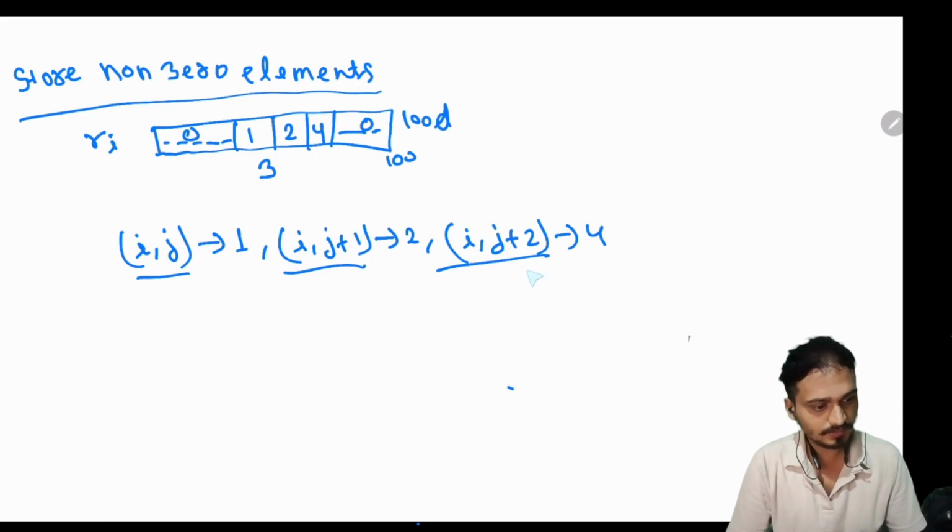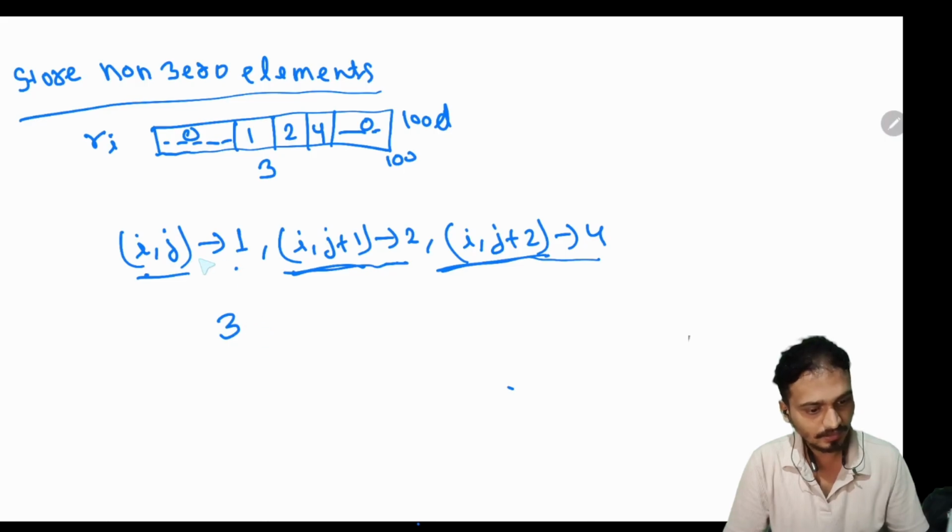And let's see what the space complexity will be, from 100 to how much we reduced. Here we have only 3 non-zero elements, and each element takes 3 space.